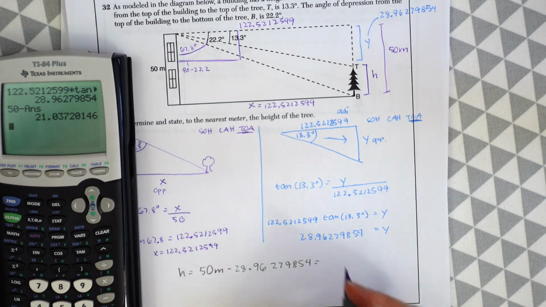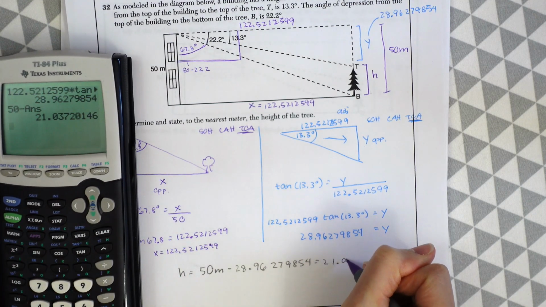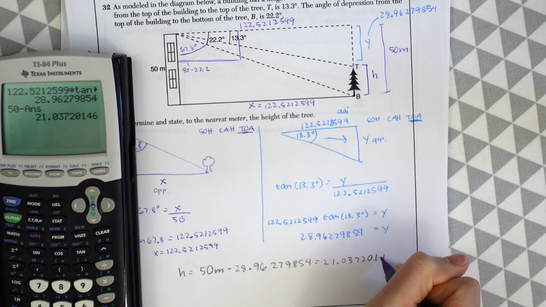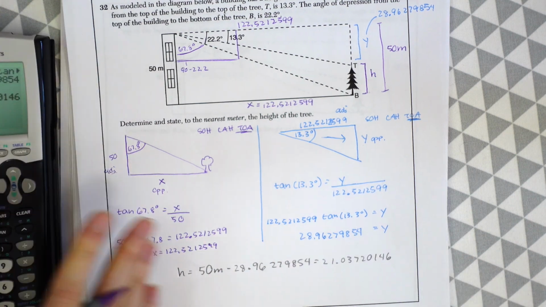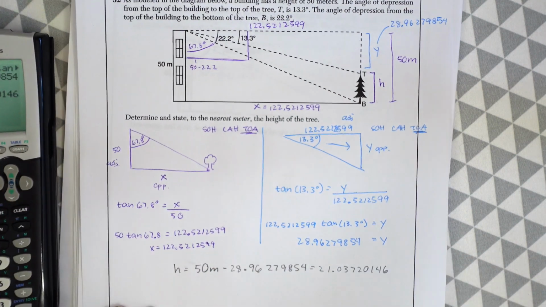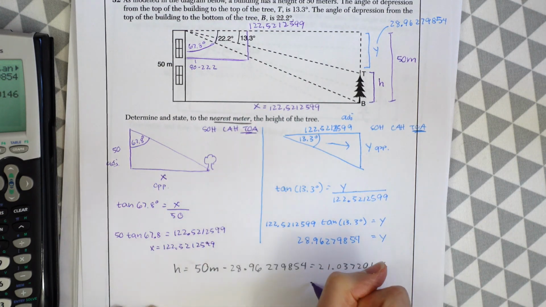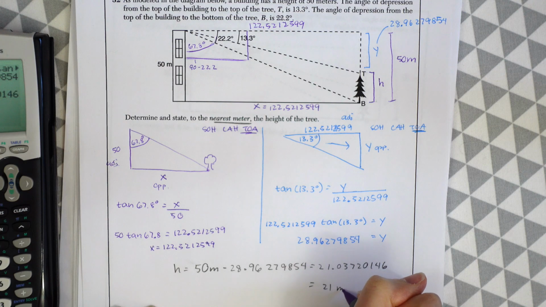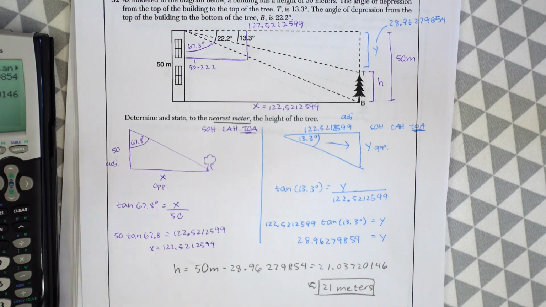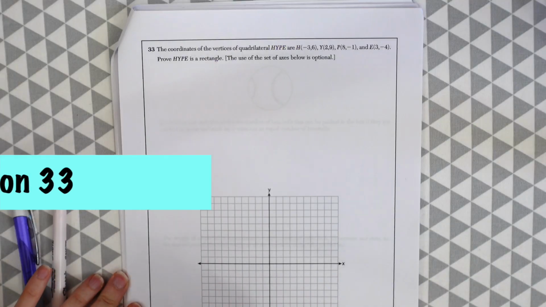When we do that, we get 21.0372046. Now we can round and stop writing all these long decimals. What did they want it to? The nearest meter. So the nearest whole number, which will just be 21 meters. And that's our answer.